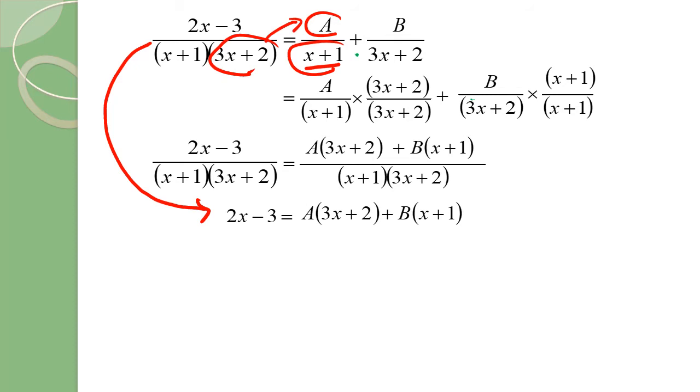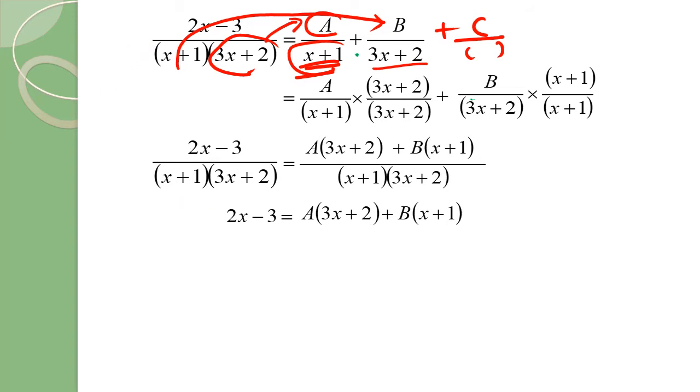But for B, we have 3x plus 2, so we should multiply x plus 1 with B. That's why B must be multiplied by x plus 1. So we just have to put the one not in the denominator. If we have plus C over something, it means that we will have A multiplied by two factors, because we have three factors now. We will see another example later.